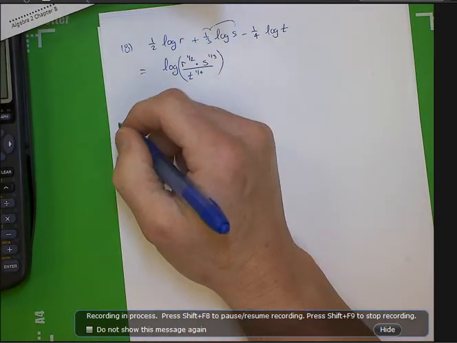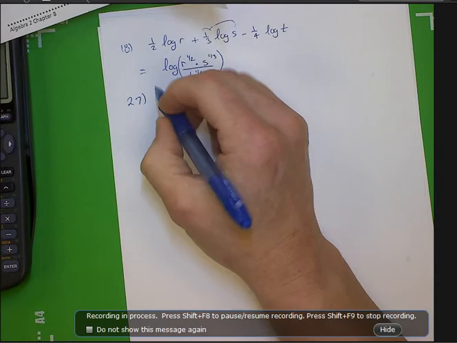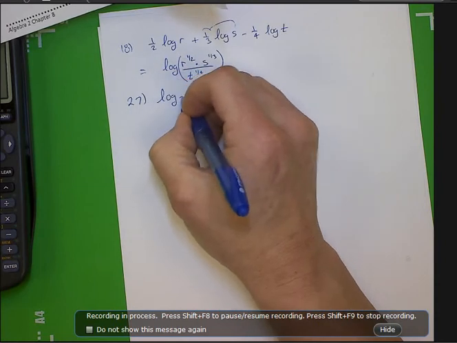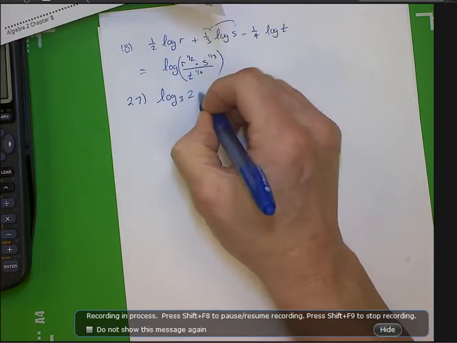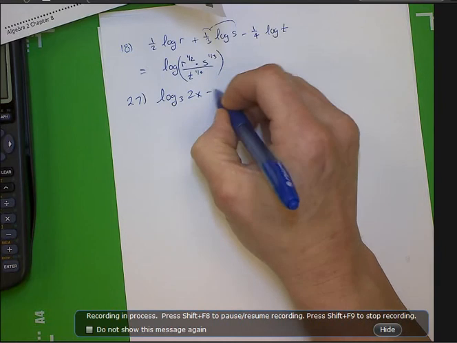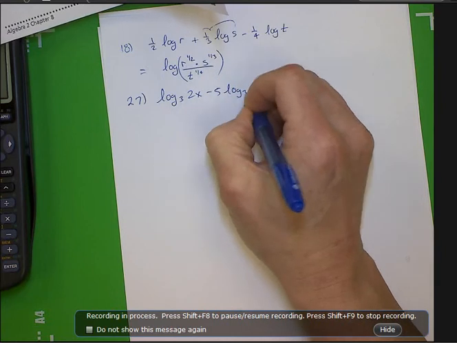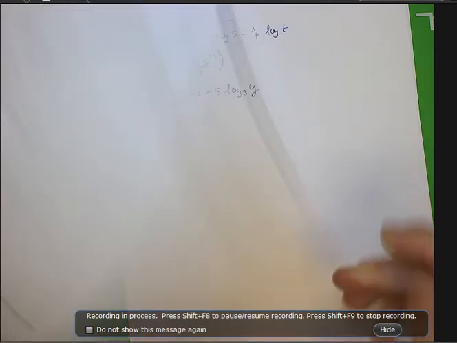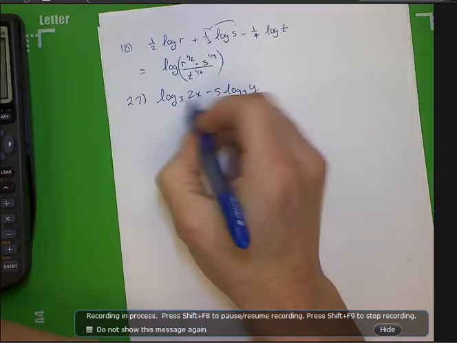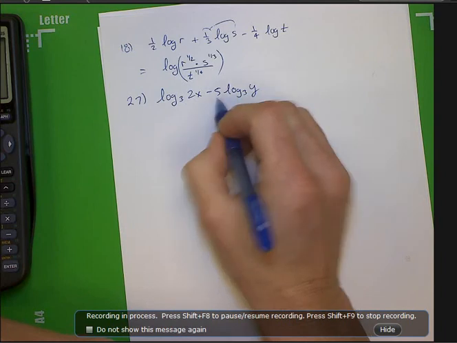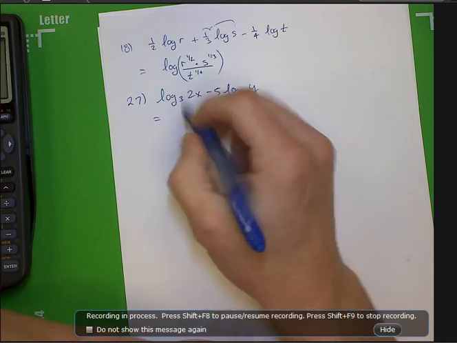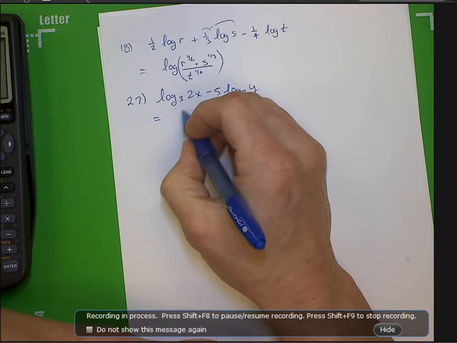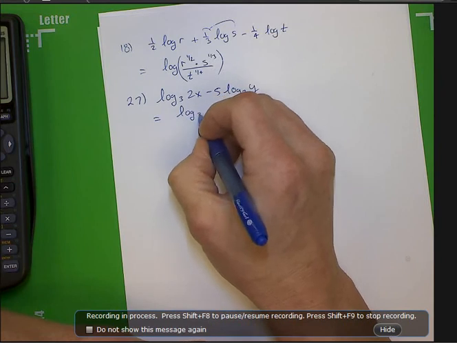I also said I do 27. So I have the log base 3 of 2x minus 5 log base 3 of y. And so remember, once again, these have to be the same bases, and they are. So we have the log base 3.